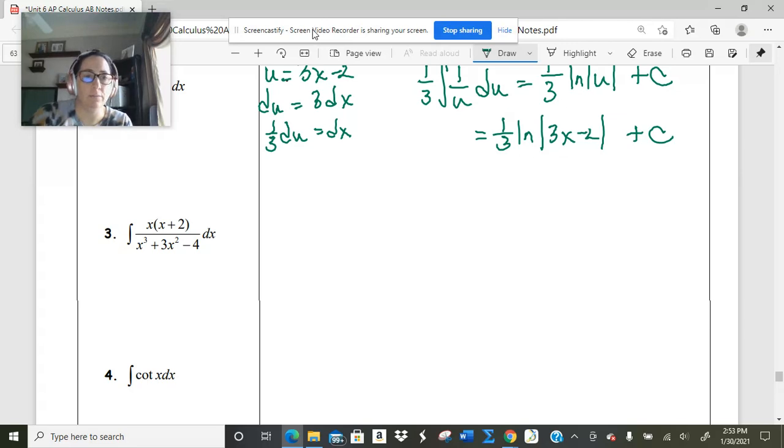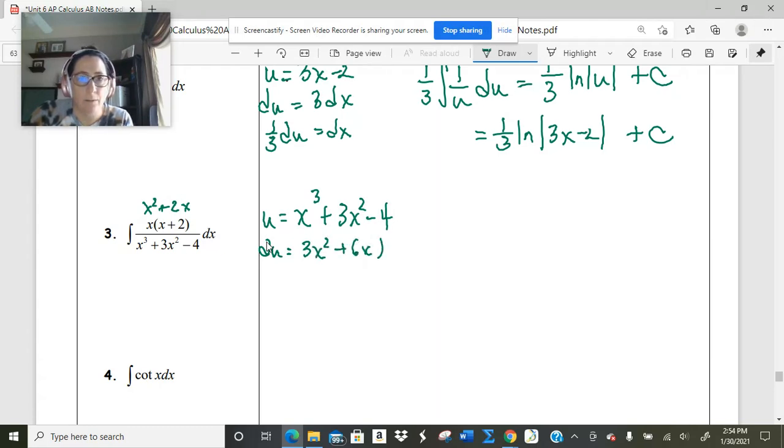Let's look at the next one. This looks all over the place, so I'm going to say, oh, if I look at the top, that looks good because it's a degree difference of 1, so a lot of times I think the u is that one bigger degree. So let's go see what happens, if it will work out or not. So can I get this to equal x squared plus 2x dx?